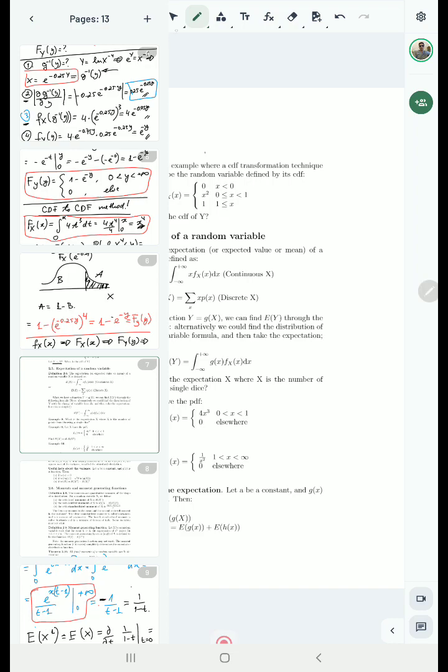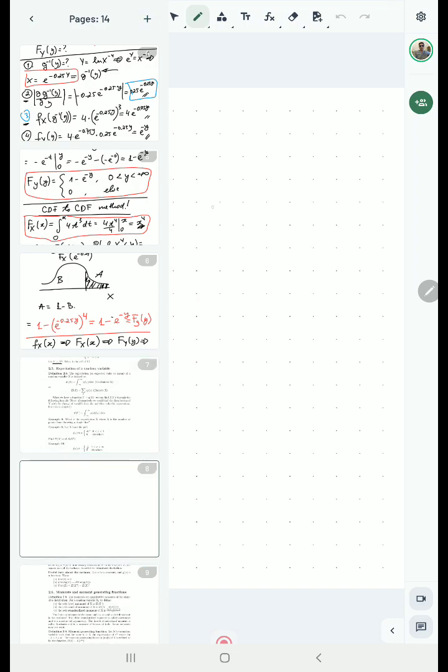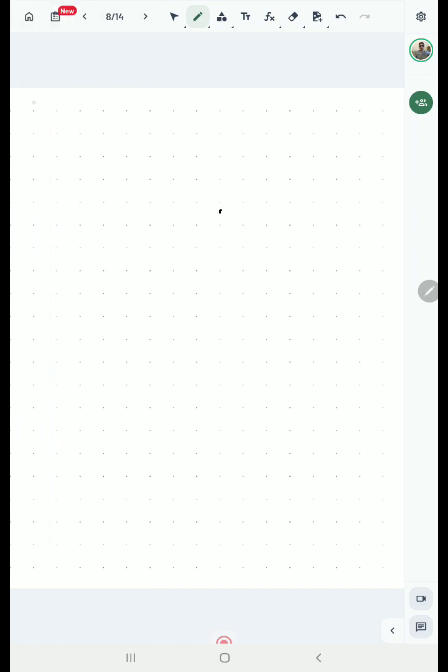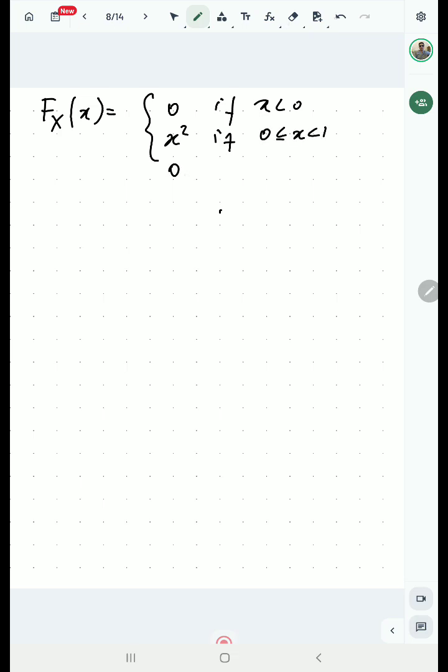So let's rewrite it. We said that the CDF of x is equal to 0 if x is less than 0. It's equal to x squared if x is between 0 and 1, and to 1 if x is greater than or equal to 1.